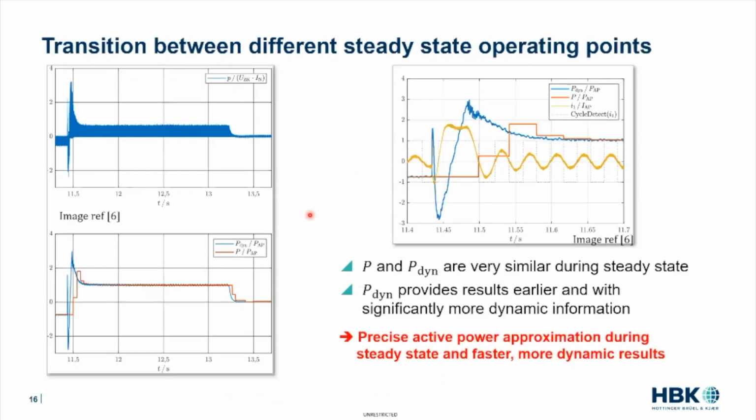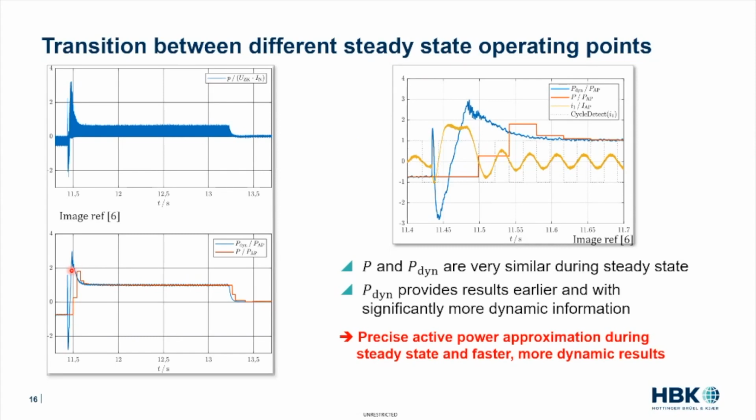Second example, how that might look. We have a transition between different steady state operating points, and we will soon come to a constant change of steady state operating points like WLTP testing. So you have a jump in your power.